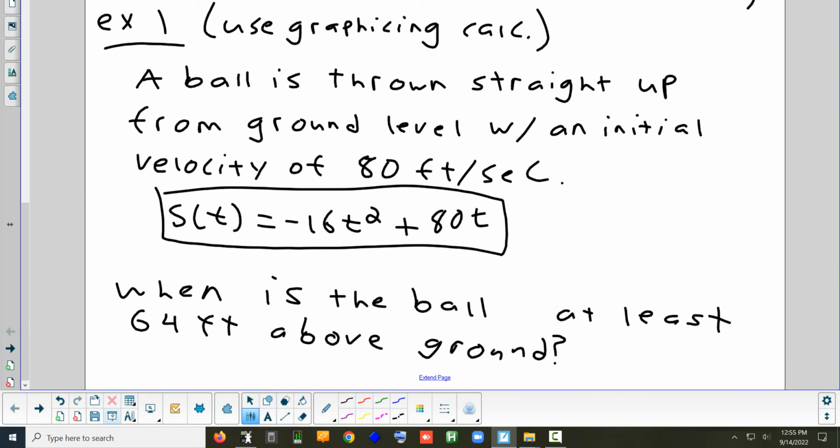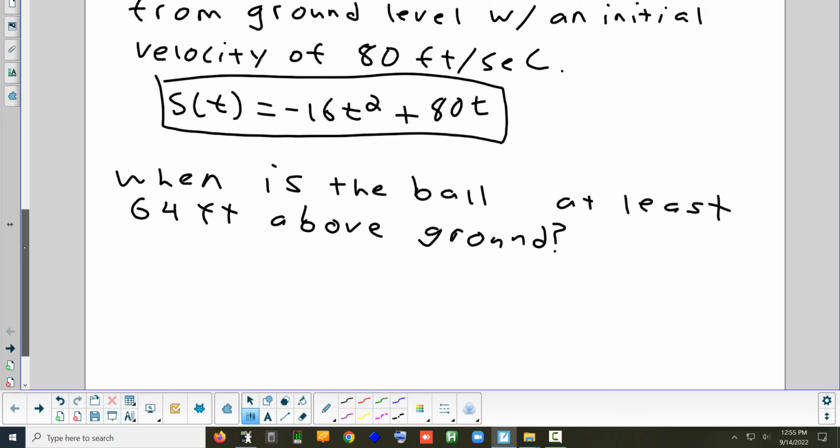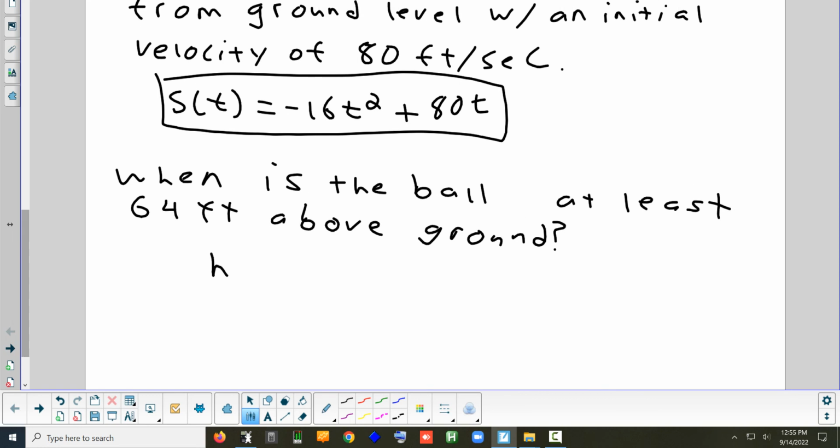Now, I want to know when the ball is at least 64 feet above the ground. In terms of inequalities, what does at least mean? Yeah, that number or higher, greater than or equal to. So I want to know when the height is greater than or equal to 64.